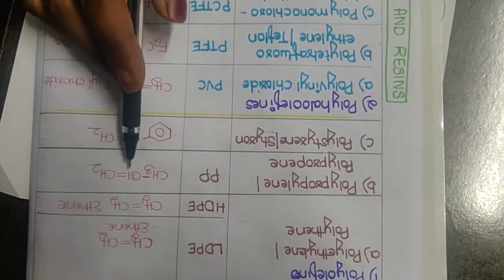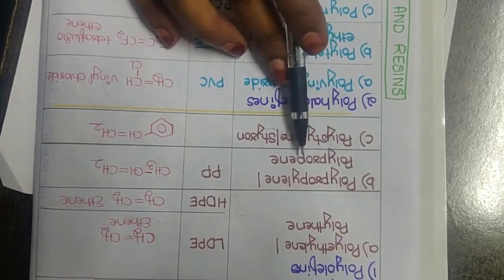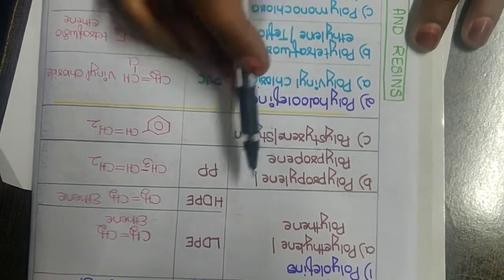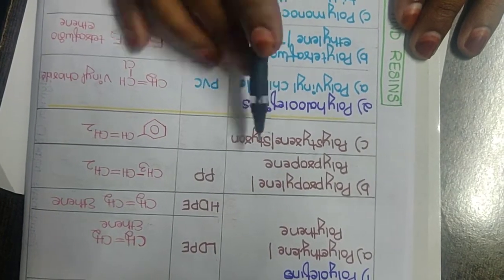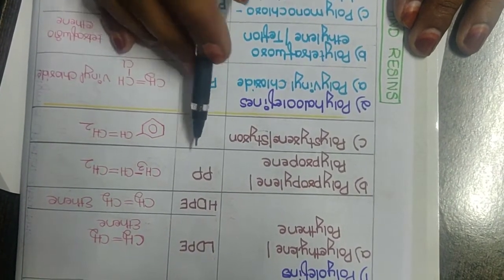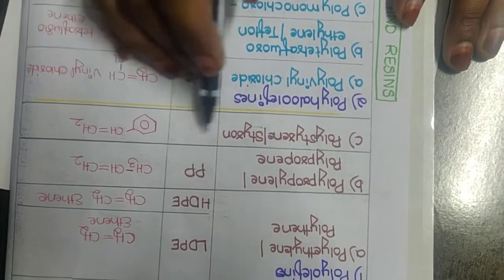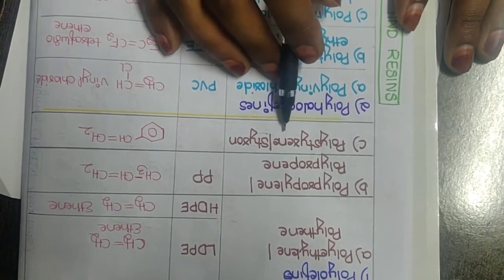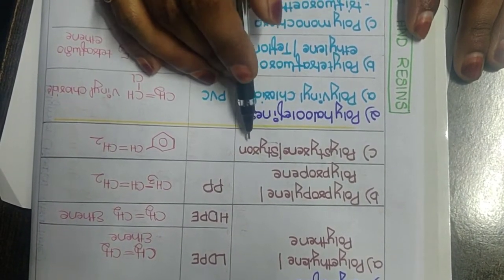This is the propene structure, which is the monomer for the formation of polypropene. Polyethylene, polypropene and polystyrene, all three are examples of homopolymerization.